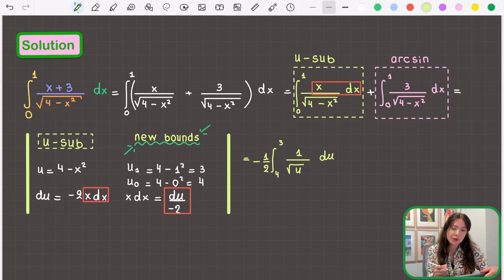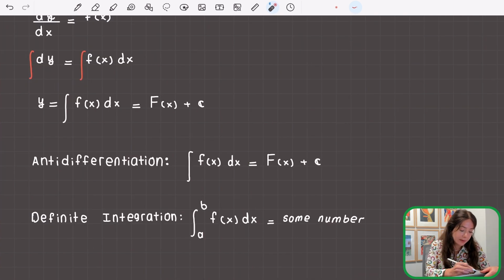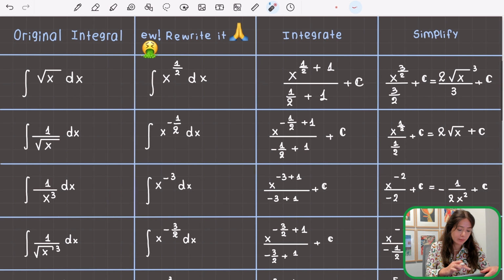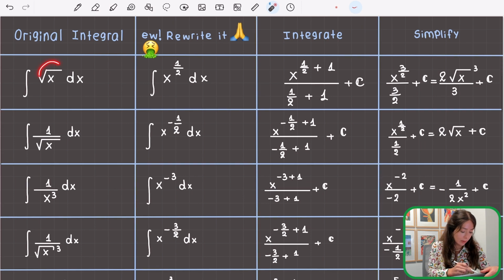I'm also going to rewrite this integral into this form, because there are certain integrals, for example this one, where x has some type of fraction as its power.